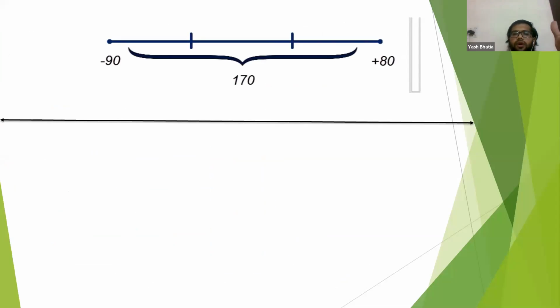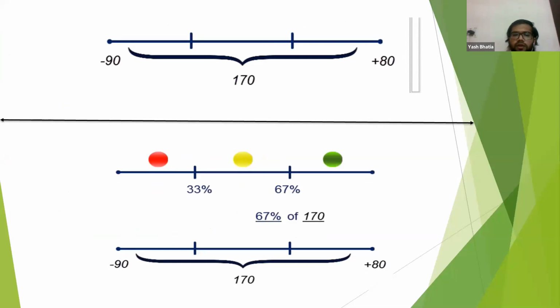For Excel, what we have provided is from 0 to 33, which is red. But for our condition, 67% of 170, we have 170, not 100. Excel reads numbers from 0 to 100, but we have provided numbers from minus 90 to plus 80.